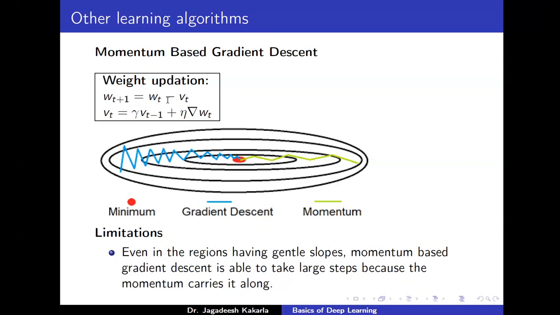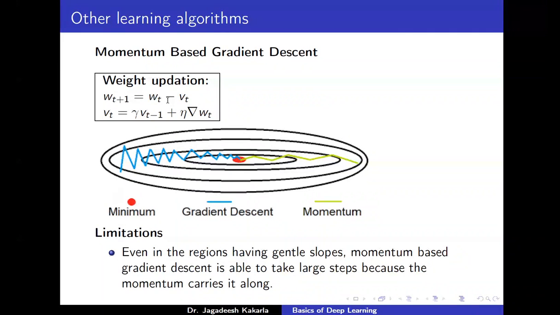Now the problem here is that sometimes you need to take U-turns, but as compared to gradient descent, the momentum based gradient descent mechanism will work in a better way, meaning it will converge fast as compared to the gradient descent mechanism. Even in regions having a gentle slope, momentum based gradient descent is able to take large steps because the momentum carries it along.